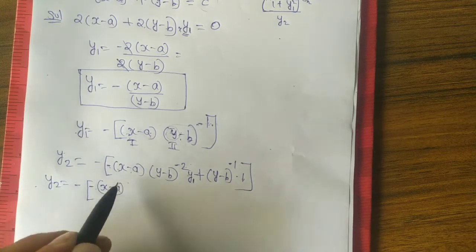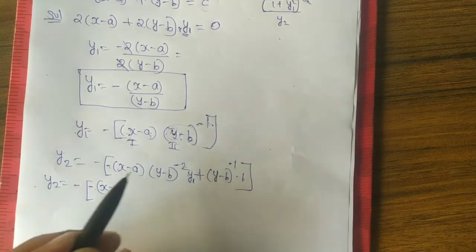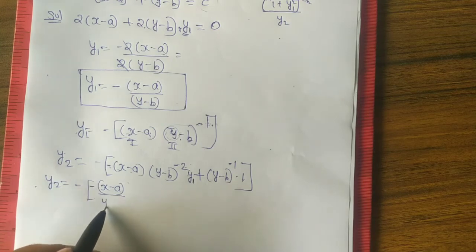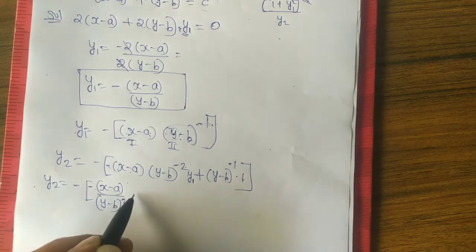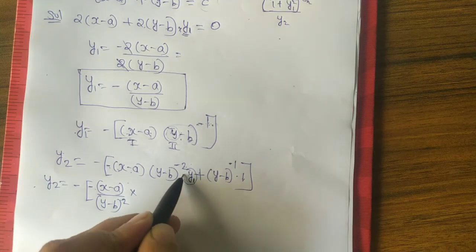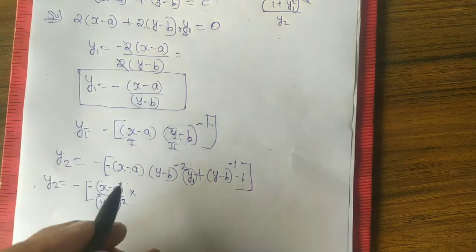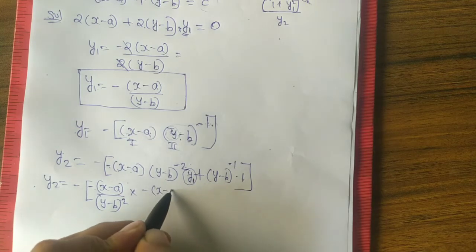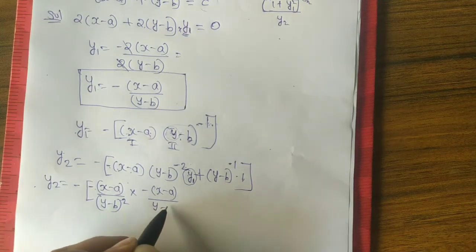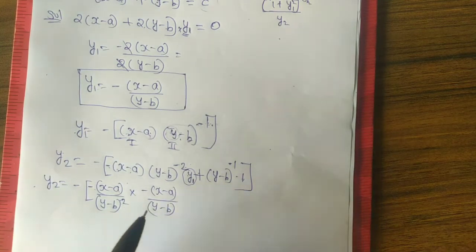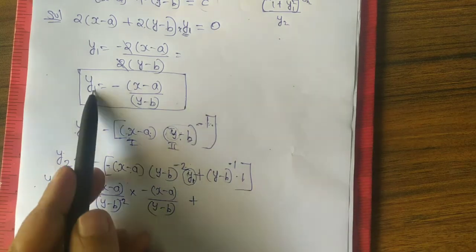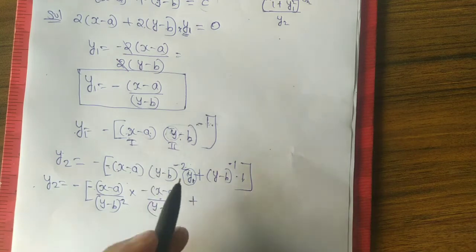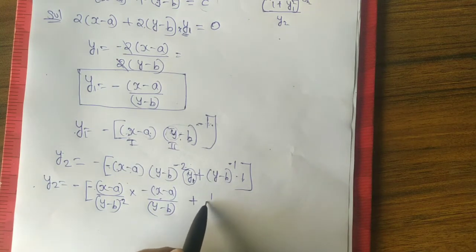So minus of x minus a, y minus b to the power minus 2, so this can be written as y minus b whole square, power will be positive, into, now the value of y1, it is minus x minus a upon y minus b, plus we have substituted the value of y1 from here to here, plus this can be written as 1 upon y minus b.